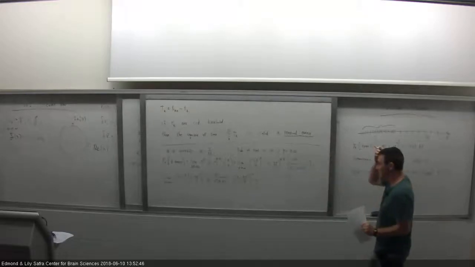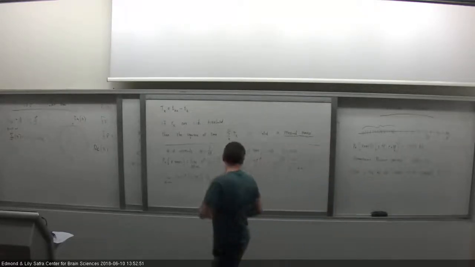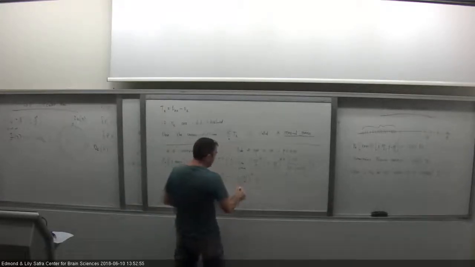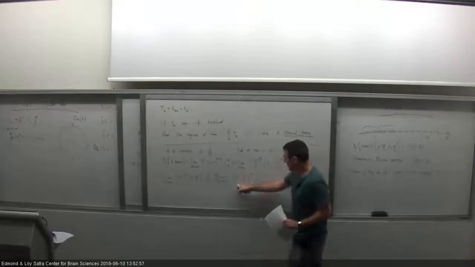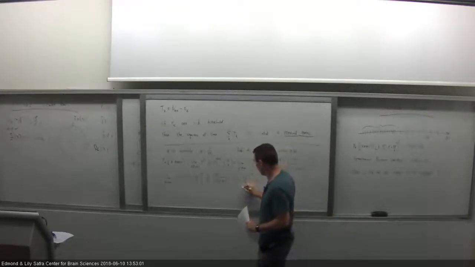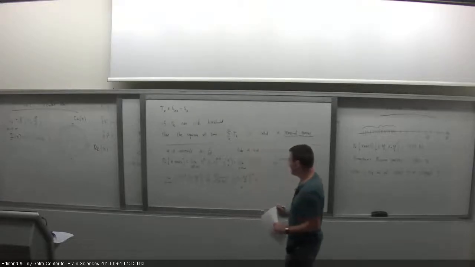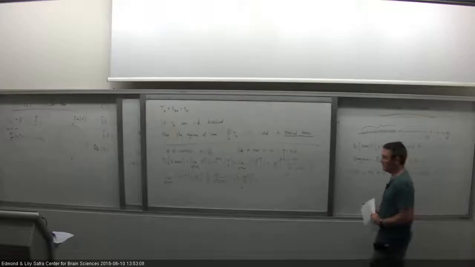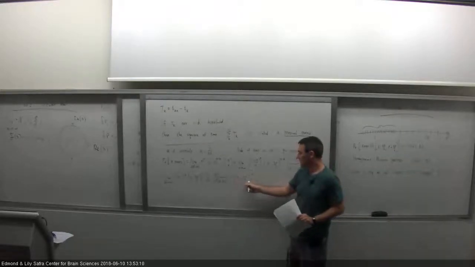Now the reason that I wrote it this way is the following. In the limit of n going to infinity, what will happen to this term? n goes to infinity, so this will go to 1.